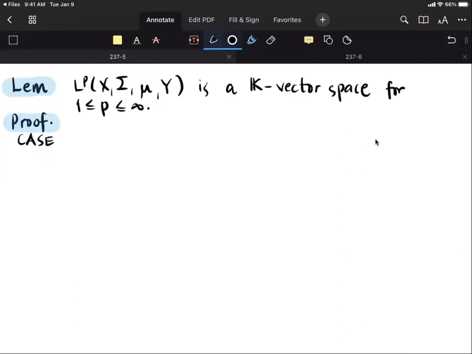It is natural to separate the cases. So suppose P is equal to infinity.